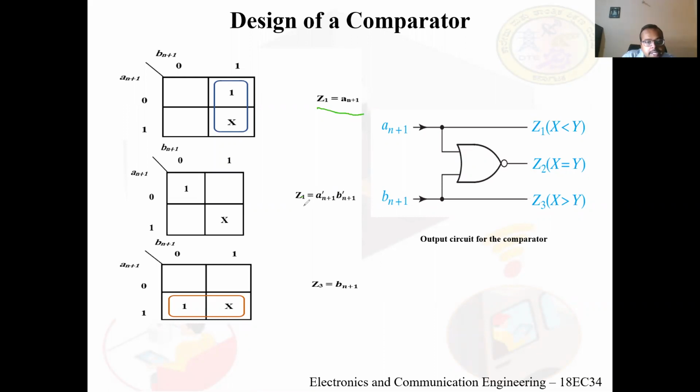Now z2 is equal to an plus 1 bar bn plus 1 bar. Similarly, for z3 you get bn plus 1. The output circuit for this comparator is shown in the figure here. As you can see, z1 is nothing but an plus 1, and here we have z2, and bn plus 1 here.